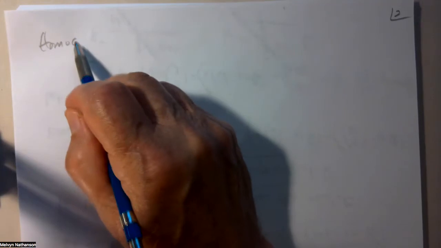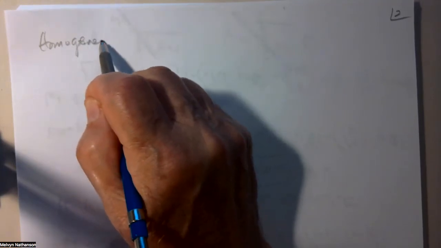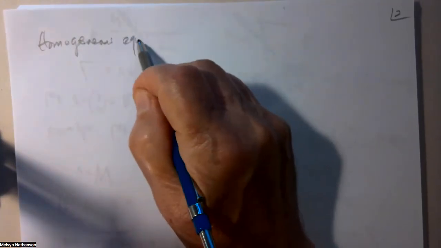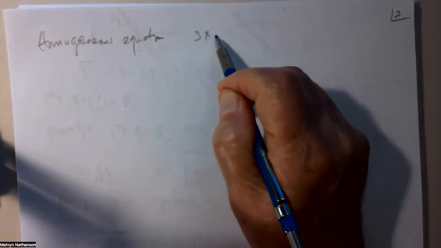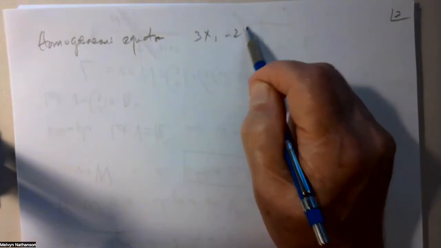So let's start with the homogeneous equation 3x1 minus 2x2 plus x3 equals 0. So what is the solution space?